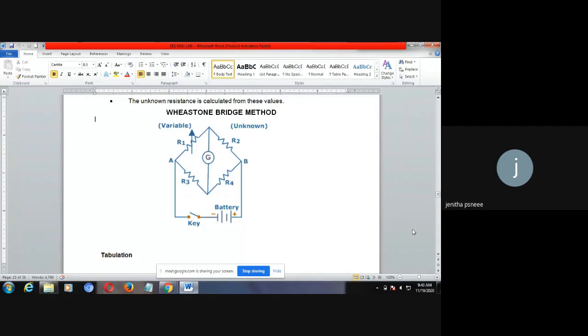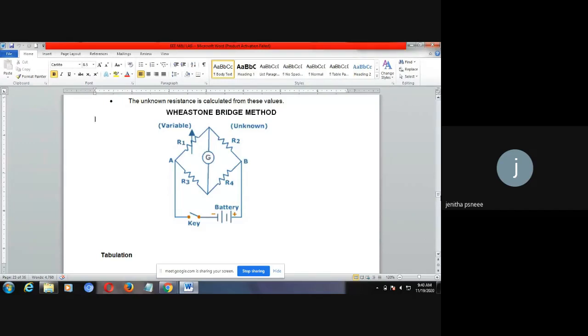Similarly, in AC bridges like Sherring's, Anderson's and Maxwell's, we'll be providing AC supply and connecting an AC detector, that means a vibration galvanometer, a CRO, any recorder, or headphones.